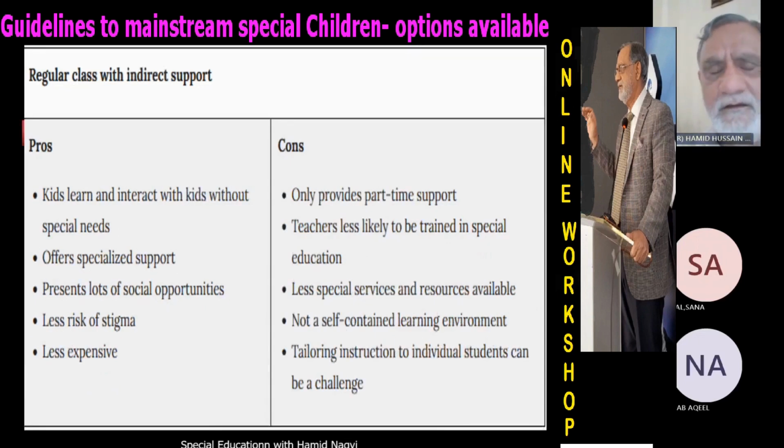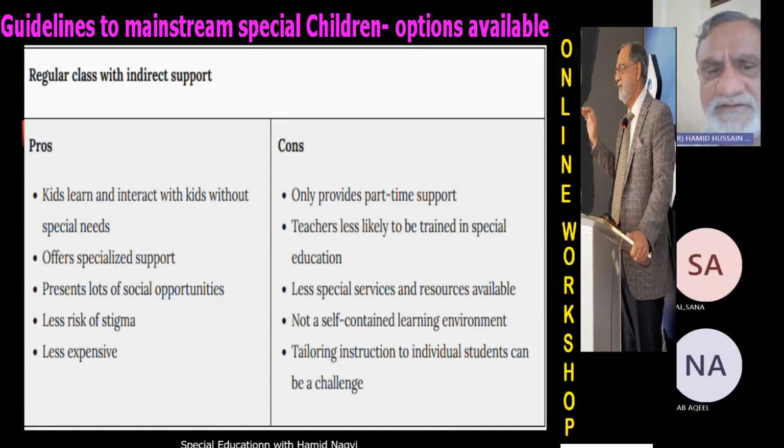Then another shade was regular class with indirect support. Its merits are that kids learn and interact with kids without special needs, it offers specialized support, presents lots of social opportunities, has less risk of stigma, and is less expensive.